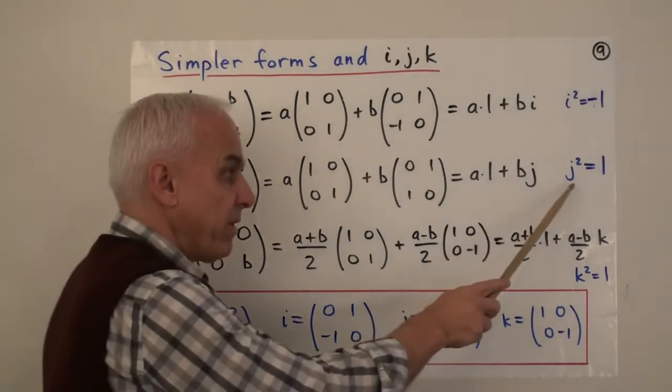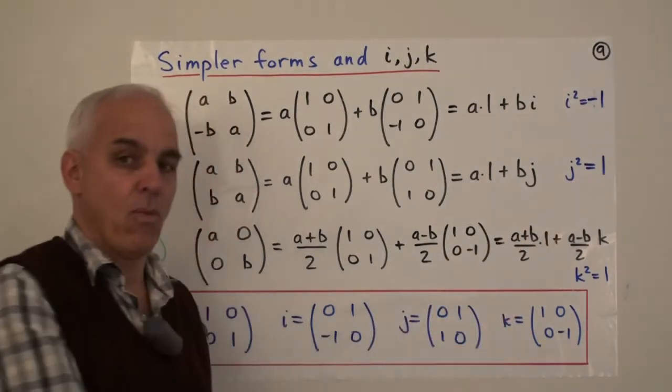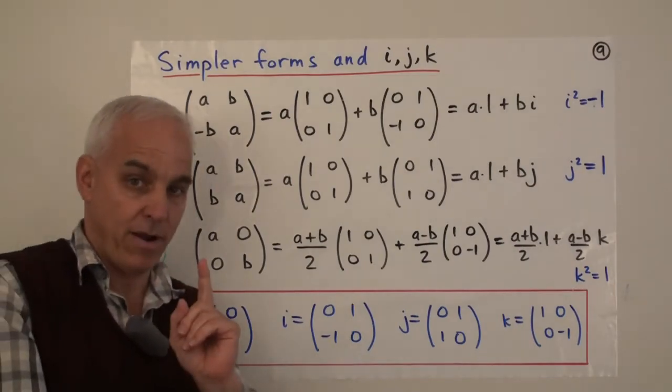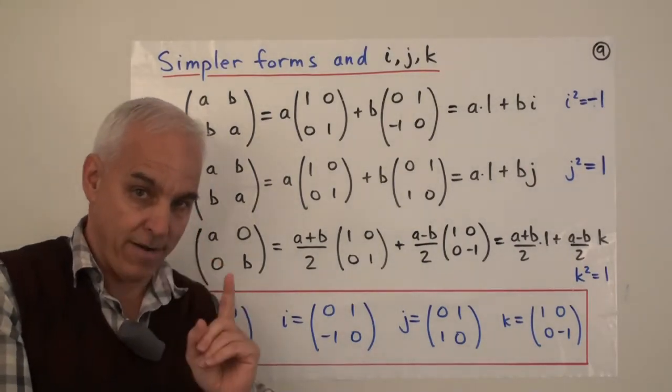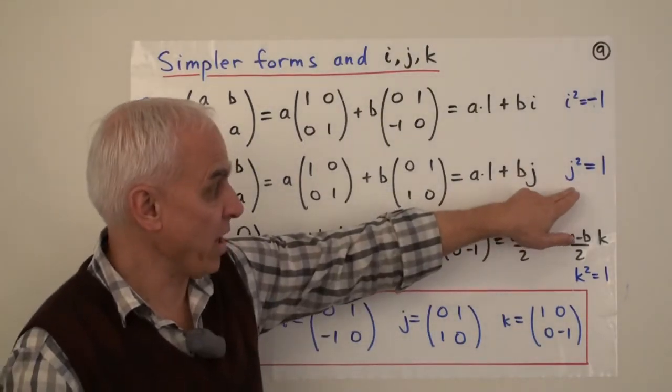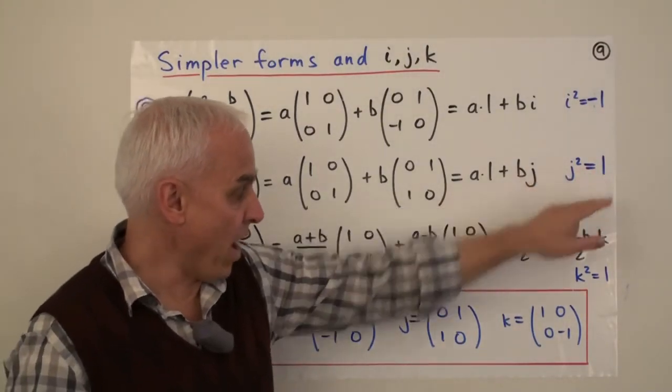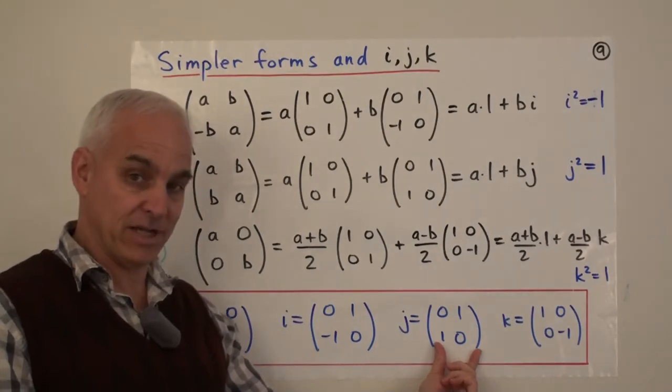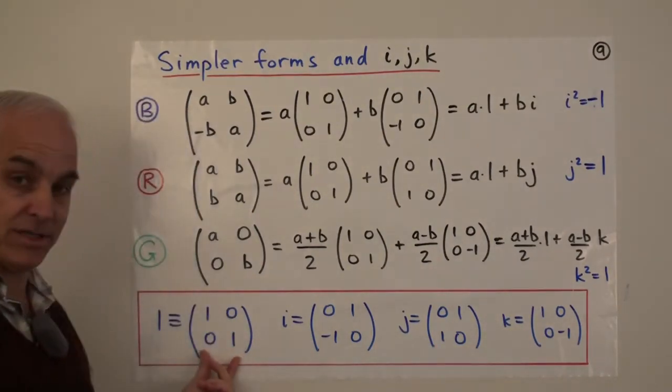And J has the property that J squared equals 1. Not minus 1, but 1. Okay, please make sure you appreciate that. So this J squared is 1. If you square this matrix, please check that you get this matrix.